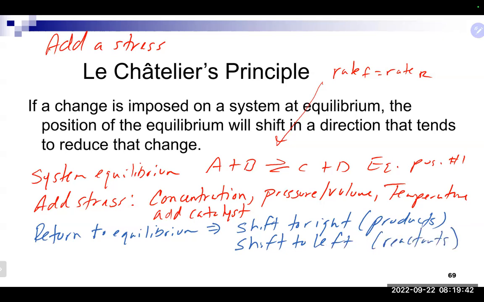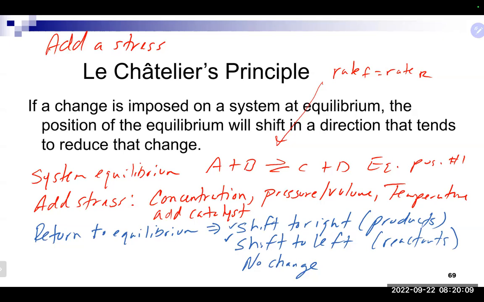And there are certain stresses in certain situations where, even though you may have added a stress, it's not going to really do much. It's not going to shift either way. So there can be no change as a result of something that you did to it. I would say in most cases, you're going to see it go to the left or go to the right.